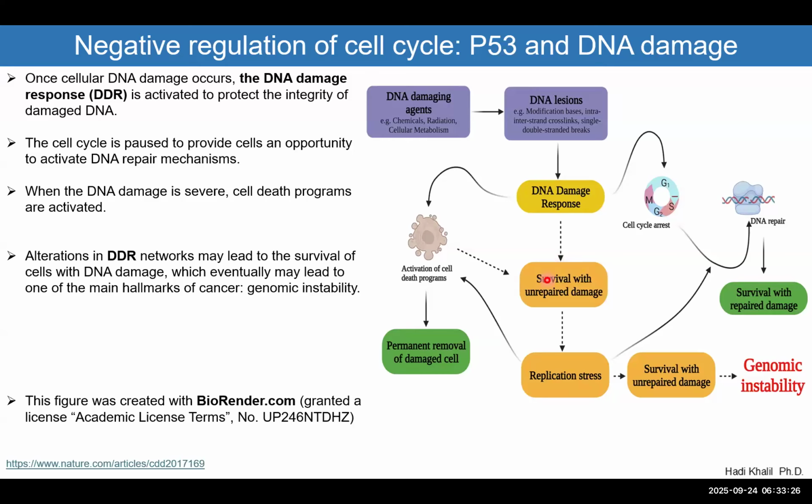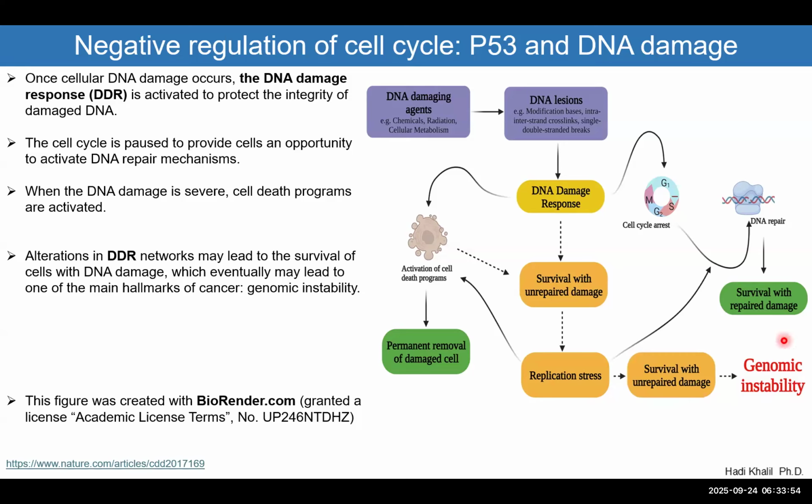Now, if it survived that unrepaired damage, then this causes replication stress. And that replication stress means most probably that the cell carried genetic material that is not correct. Okay? And then it could survive with unrepaired damage.